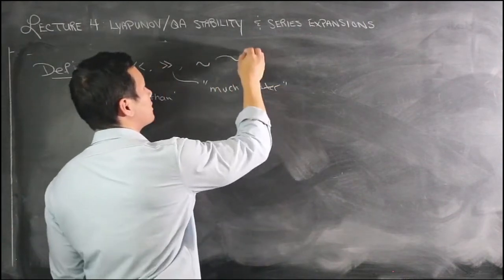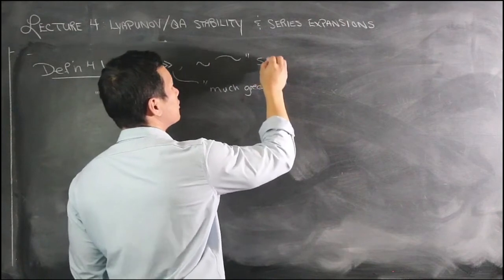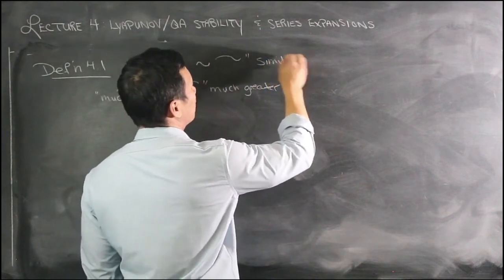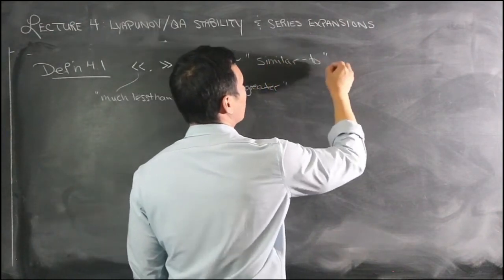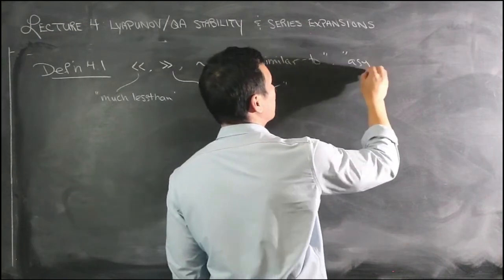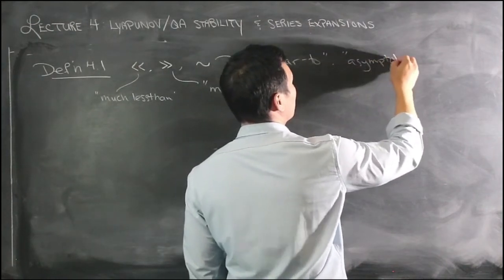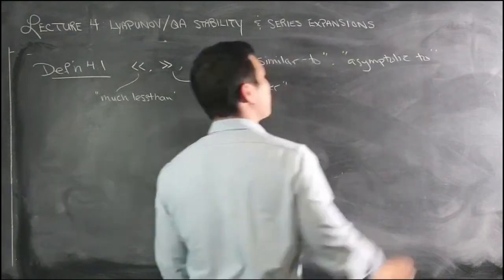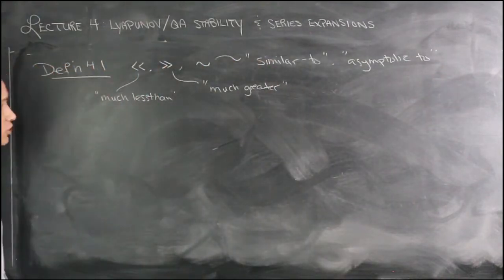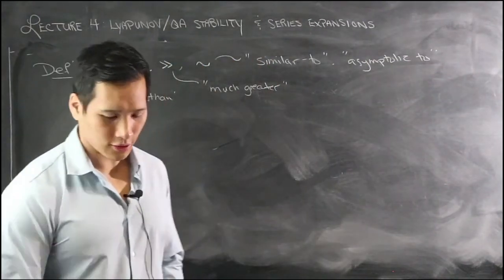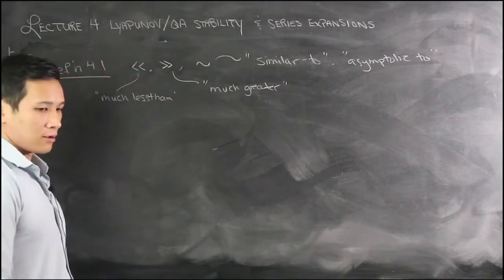And this guy is similar to, or asymptotic to. Okay, just write: much less than, much greater than, and then tilde.